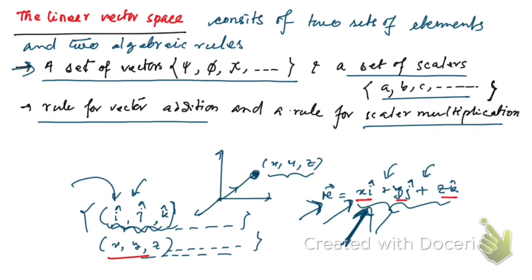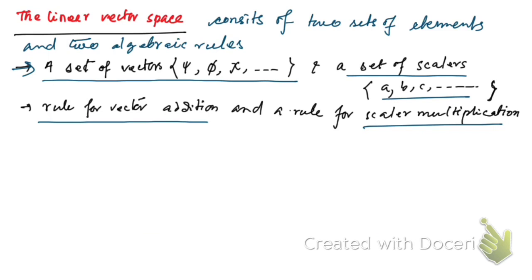So now let me talk about the rules of addition. What are the rules to be obeyed? The addition rule applies to vectors and has the properties and structure of an abelian group.